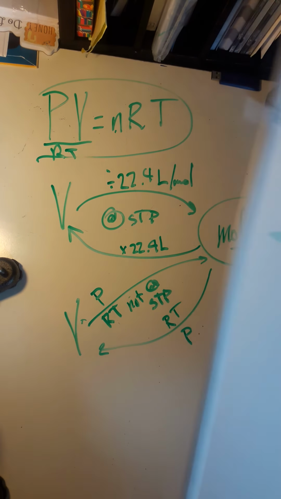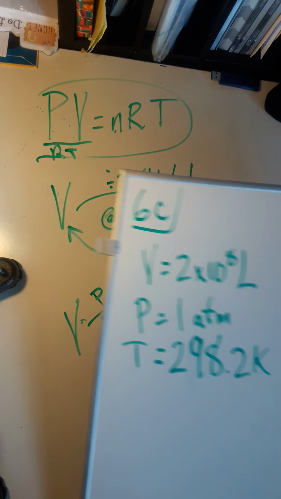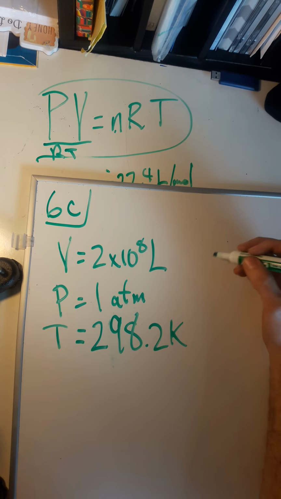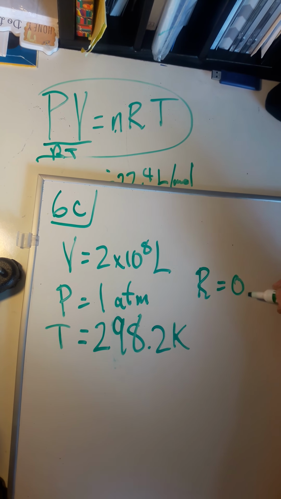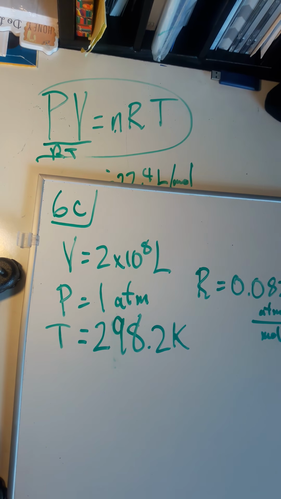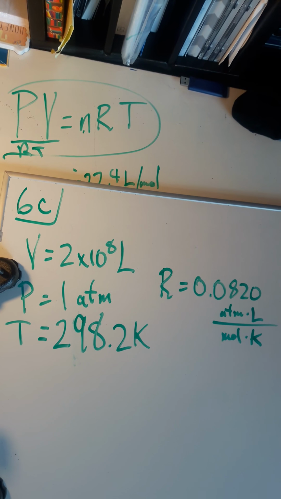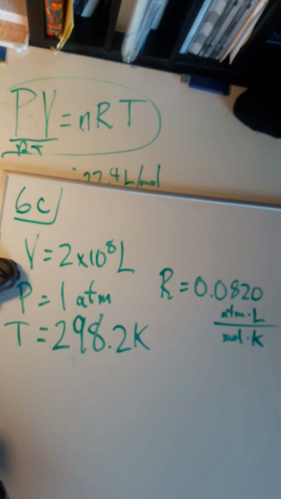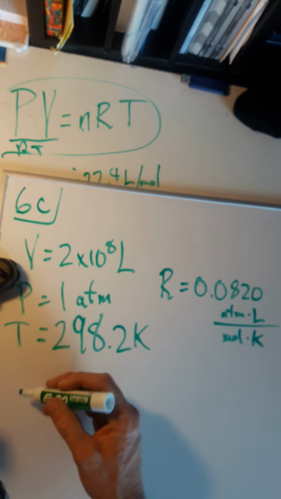You can use that. For this problem, from part 1, we said that R would be 0.0820 atm times liters per mole times Kelvin. One of my favorite units. You can actually convert that right to joules. So we plug this all in.